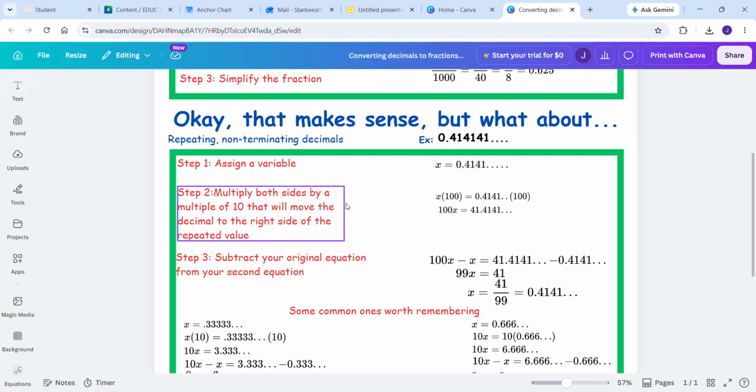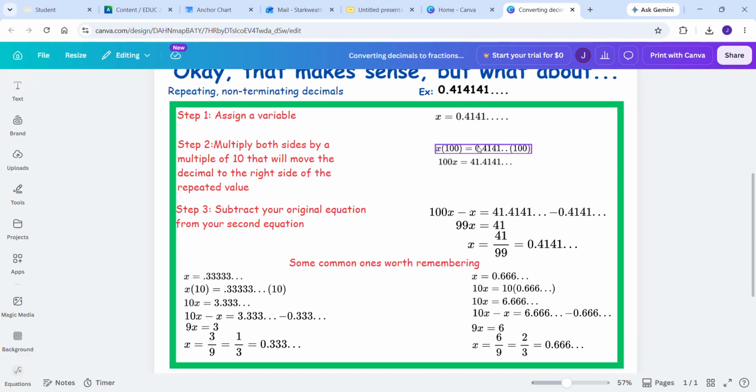Then the next step, you're going to multiply both sides so that, similar to what we did with the terminating ones, you move the decimal point all the way over to the other side of the repeating section, which is 4, 1. So you want to move this to the right 2 places.